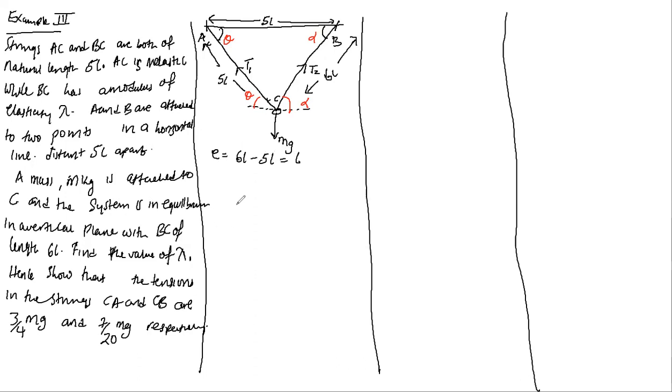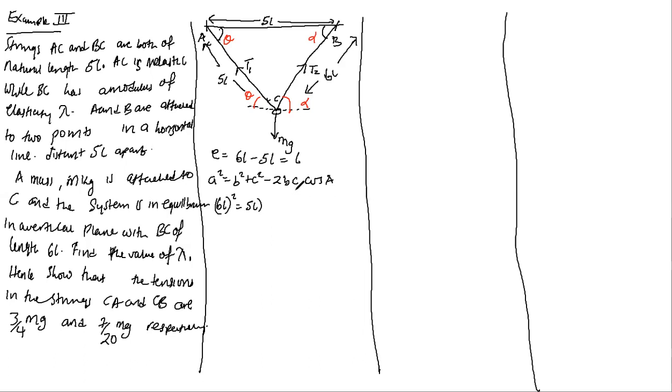First of all, we can find these angles. I can find theta, whereby I can use a squared is equal to b squared plus c squared minus 2bc cos of the angle opposite to a. So I'll use 6L squared is equal to 5L squared plus another 5L squared minus 50L squared cos theta.